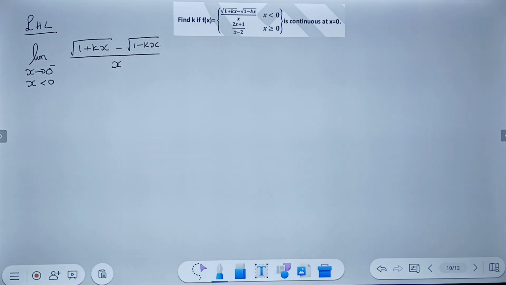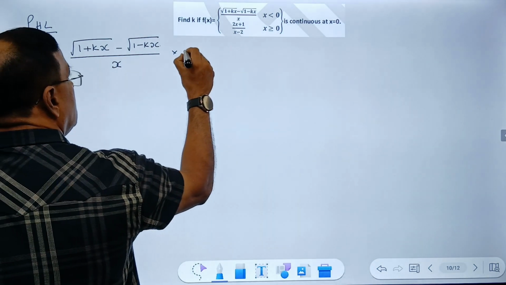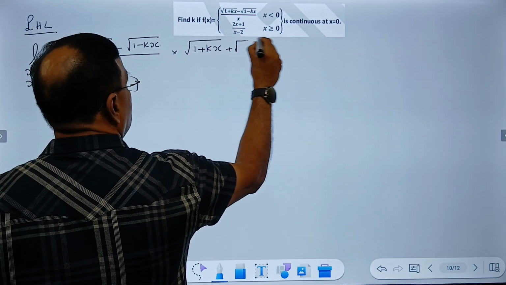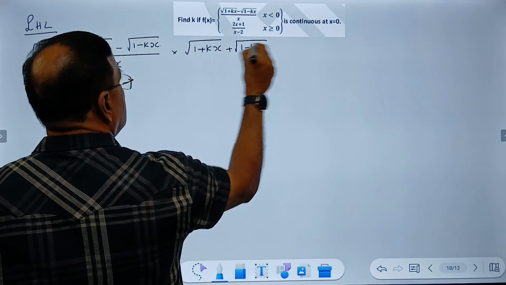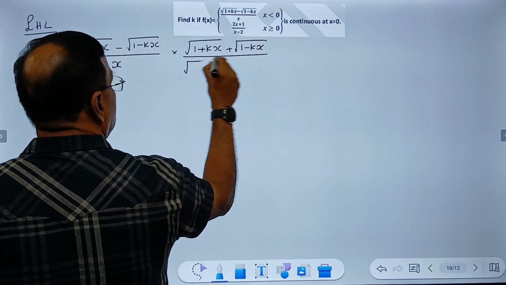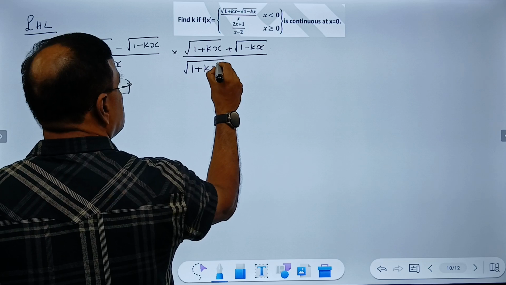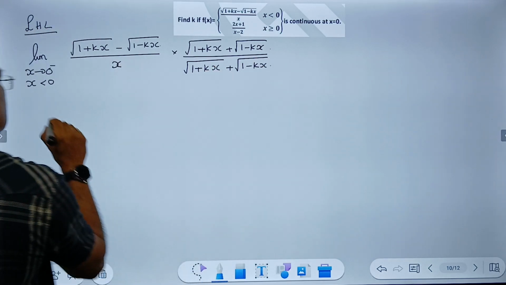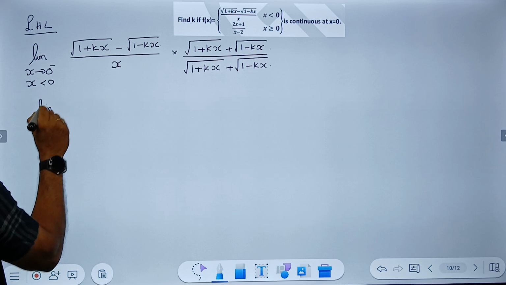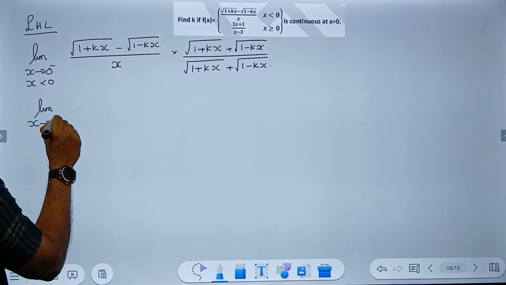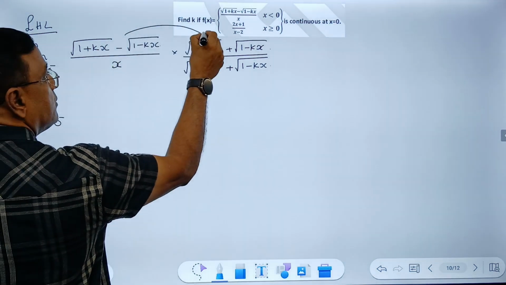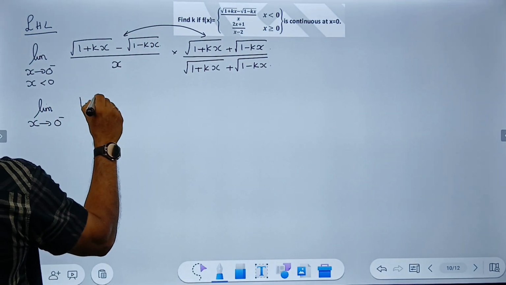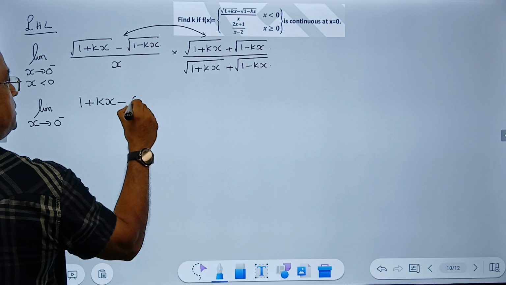Now how to evaluate this limit? Just rationalize. Multiply by root of 1 plus kx plus root of 1 minus kx divided by root of 1 plus kx plus root of 1 minus kx. Now this is limit x approaches 0 minus. So what will happen to this? a minus b into a plus b is a square minus b square.